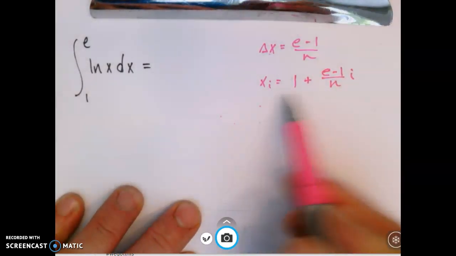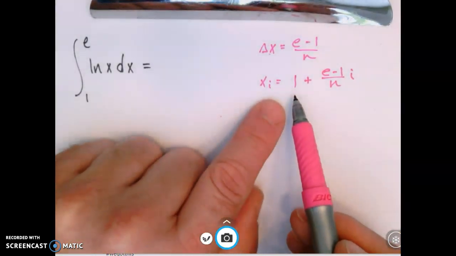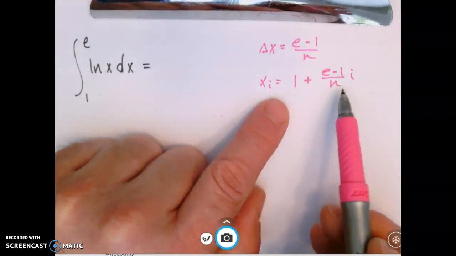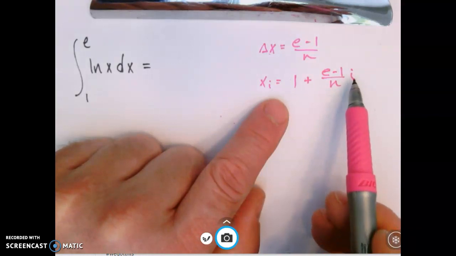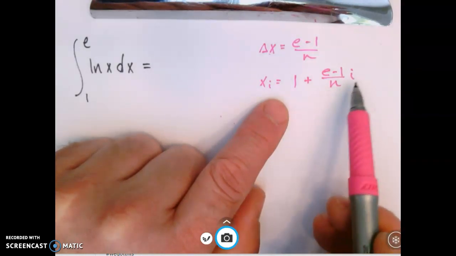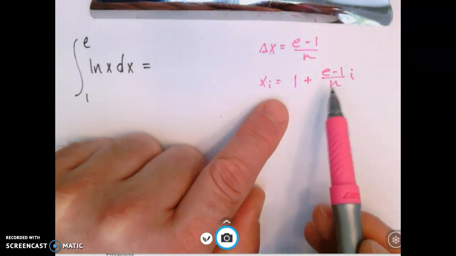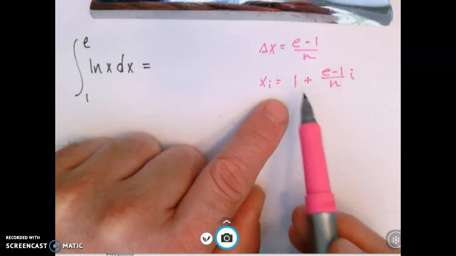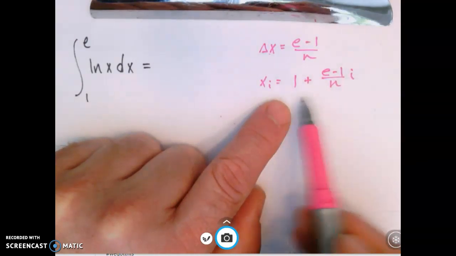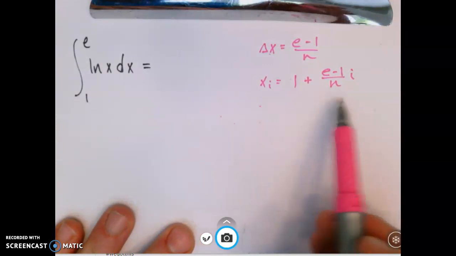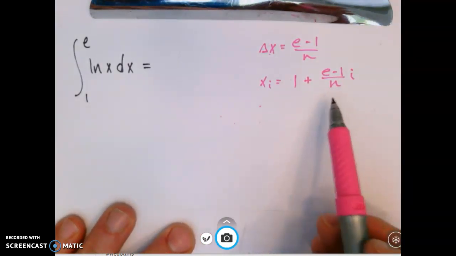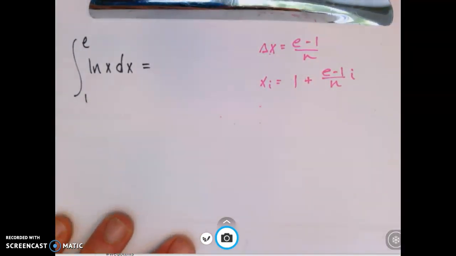We're talking about starting at a particular value and moving over that much, that i. If i was 2, we'd move over 2 of these. If i was 3, we'd move over 3 of these. So we're starting here. This is just the width of our rectangle, and we're evaluating the function at that value.